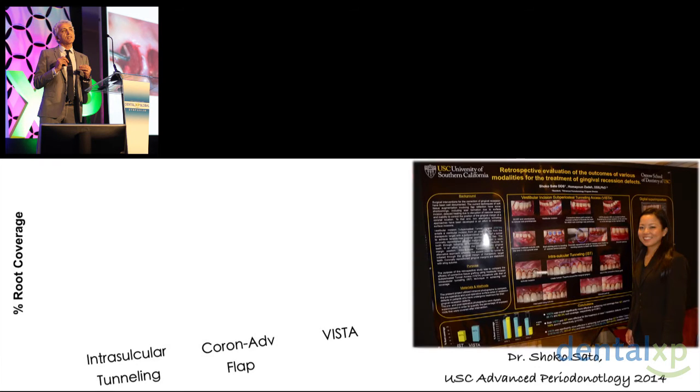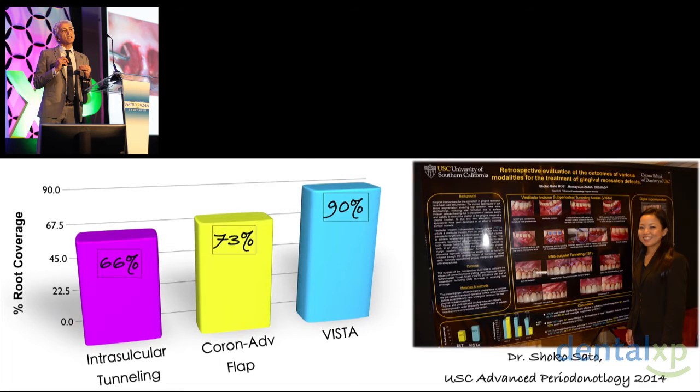These are all procedures performed by periodontology residents, all at USC. And what was achieved in terms of percentage of root coverage was 66% with intrasulcular tunneling, 73% with coronal advanced flap, and 90% with Vista. This is with all different indications.